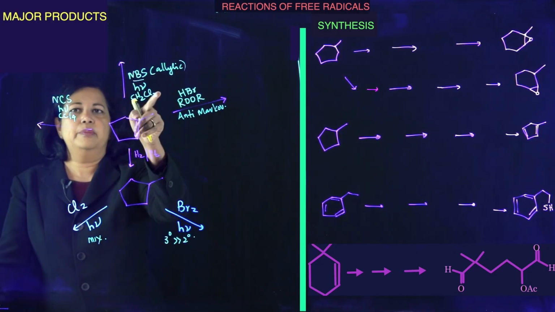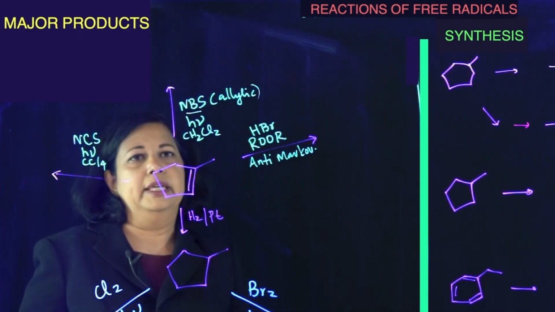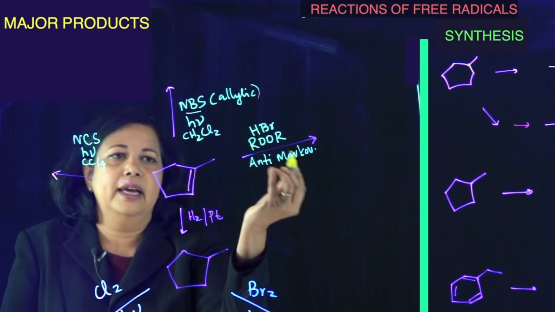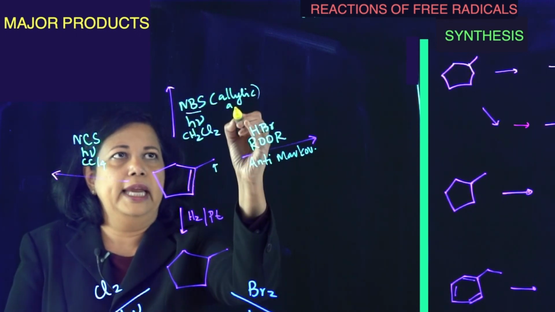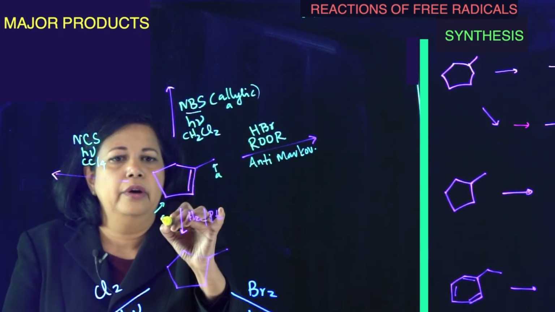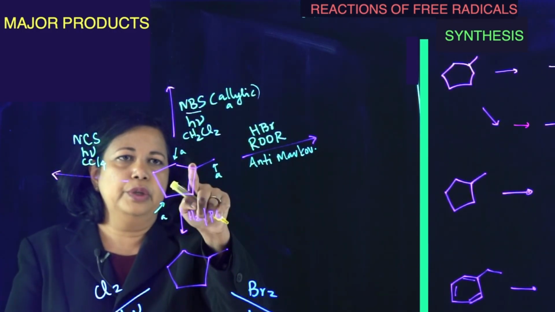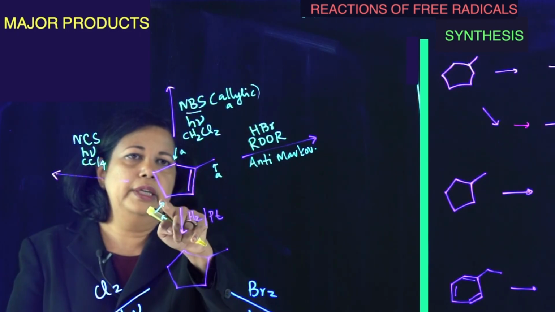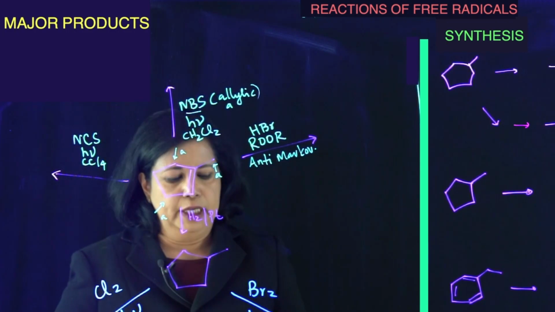And NBS and NCS are pretty much close cousins. It's just chlorine instead of bromine here. So we have choices here. Allylic, I'm just going to put an A here, or here, or here. And these two are pretty much going to be the same. If I put it here, it can give you a tertiary radical here, your major product.